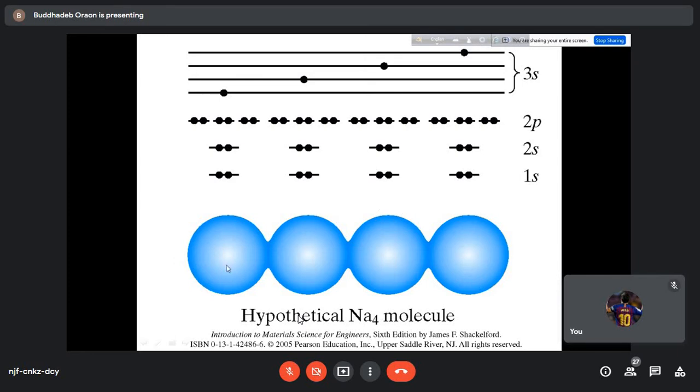For simplicity, we are considering this type of diagram, and we are interested in observing how the energy levels of the electrons will get modified. Definitely it will not be the same as the isolated atom, but it will be slightly different.